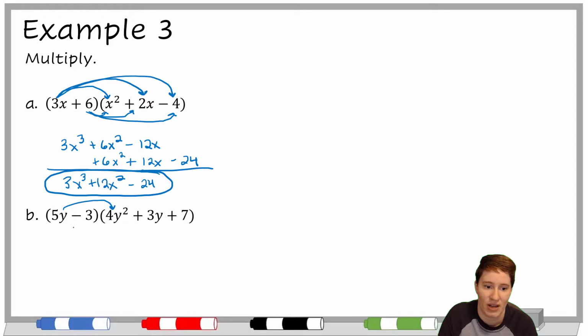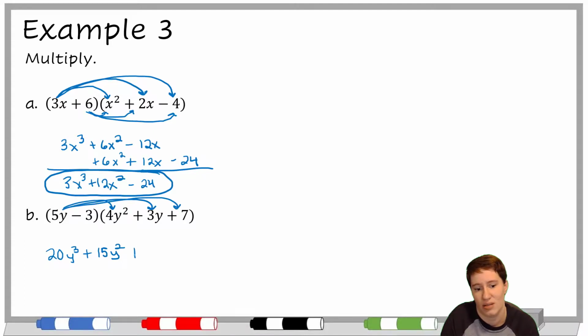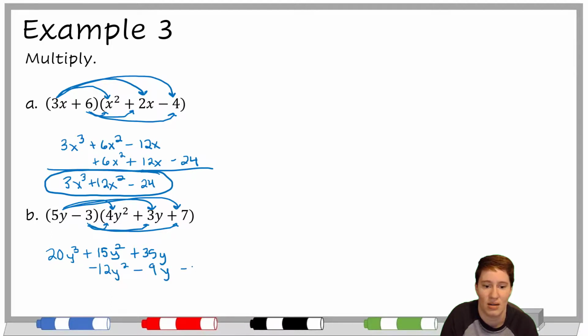So 5y times 4y squared is 20y cubed. 5y times 3y is 15y squared. 5y times 7 is 35y. Then I'm going to keep going and have negative 12y squared minus 9y minus 21. Then add the like terms.